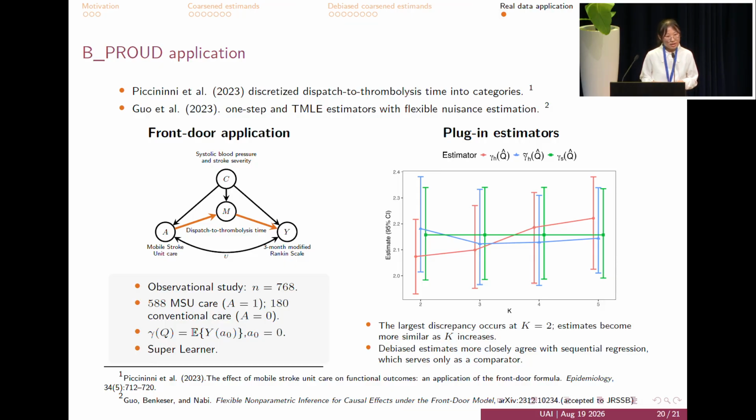Here, we only compare the plugin estimators. We compare the causal plugin estimator, the debiased plugin estimator, and also the plugin estimator based on the sequential regression. We just use it as a comparator. Here, we found the debiased estimator more closely agrees with the version of sequential regression.